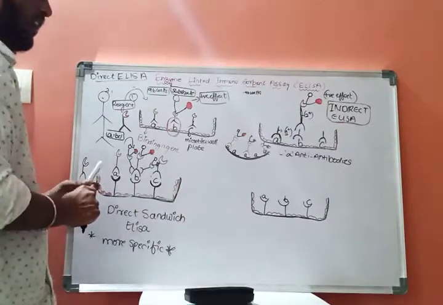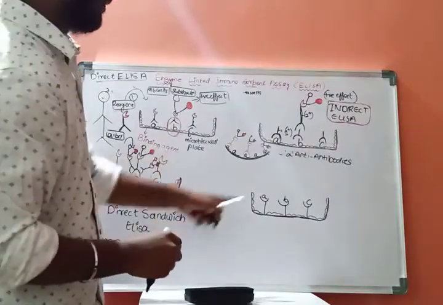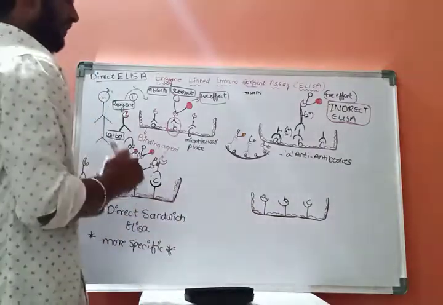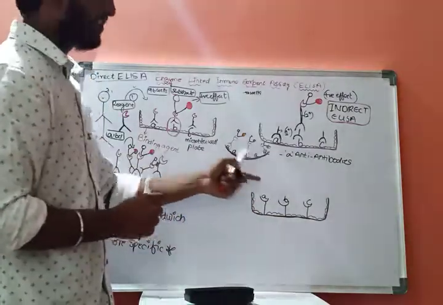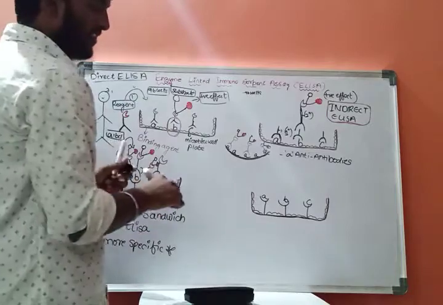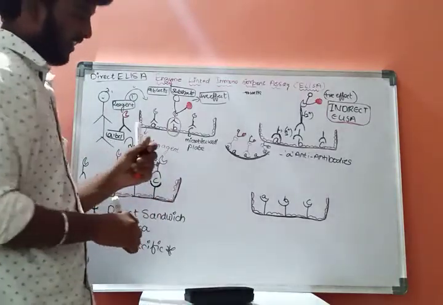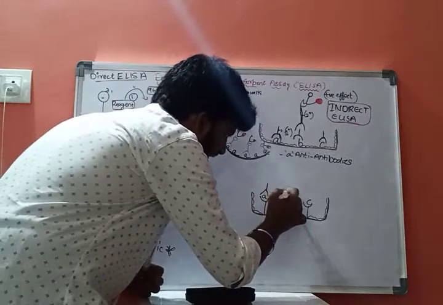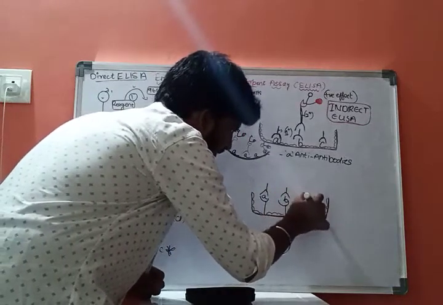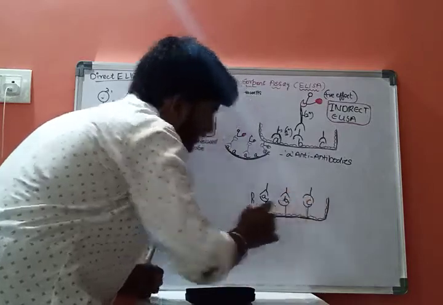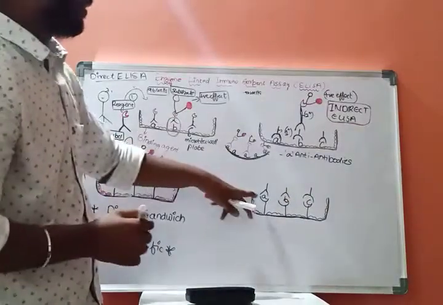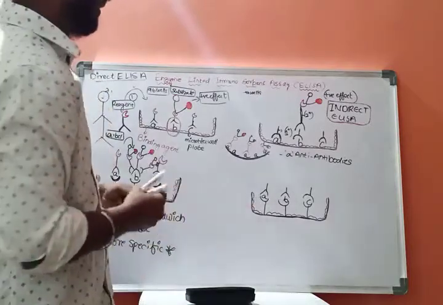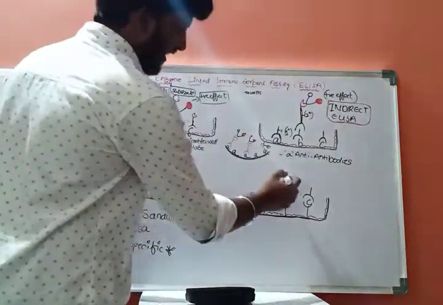Now, after this addition of the antigens, let us take a reagent from the patient sample which does not contain enzymes. So these are the antibodies which are attached to the surface of antigens, and after the addition of primary antibodies, now let us add secondary antibodies.